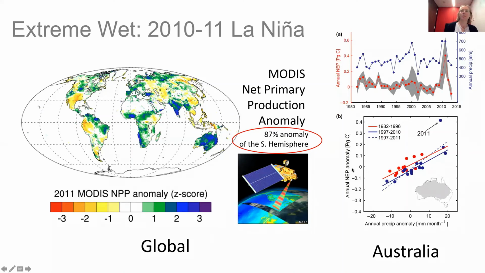And when we isolate the semi-arid regions of Australia and plot the NEP anomaly against the precipitation anomaly, you can see that 2011 was really a massive outlier. And indeed, of the 1.5 petagrams of carbon global anomaly in 2011, Australia contributed 0.4. So that was really quite extraordinary.